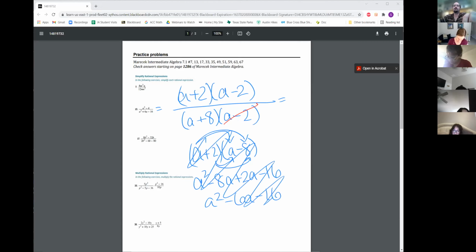The minus 2 is the one that cancels, yes, in the bottom, because I changed the sign. Okay, and the result is going to be a plus 2 over a plus 8.